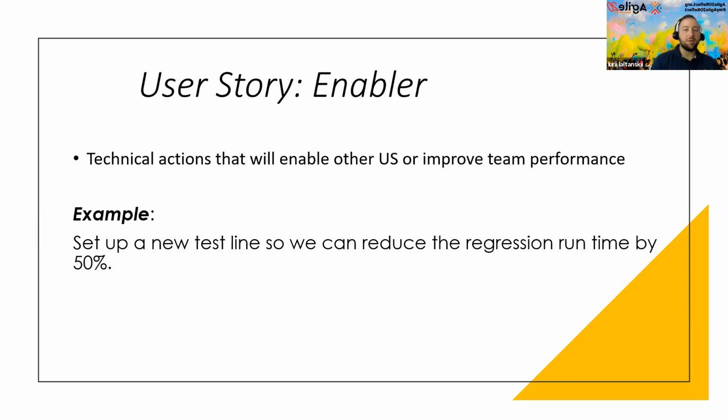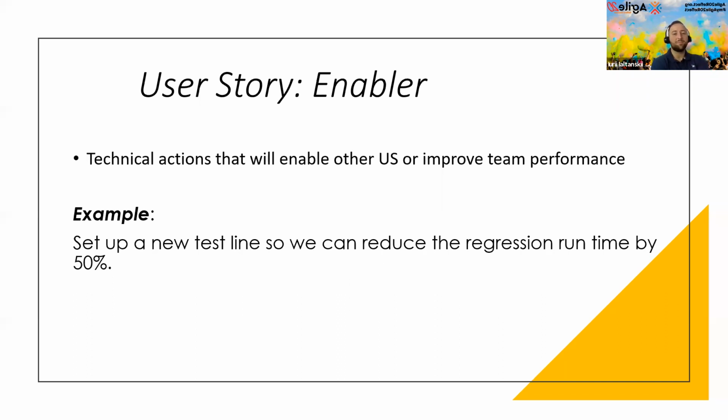And it could also be about some improvements in terms of the performance of the team. All right, we have an example here. It says: set up a new test line so we can reduce the regression runtime by 50%. This is all about improving team performance.